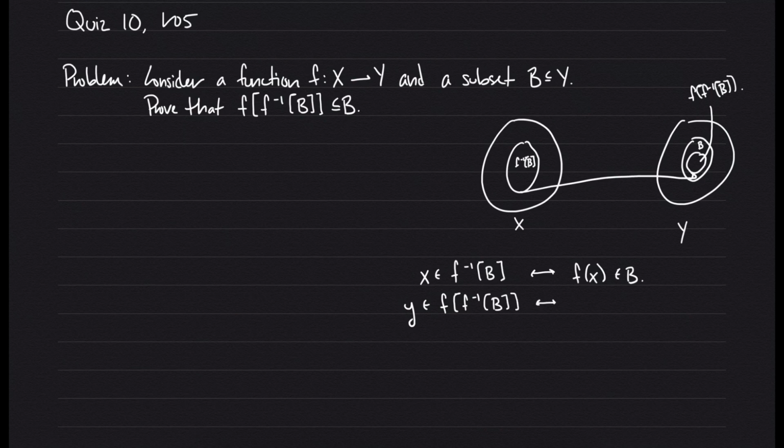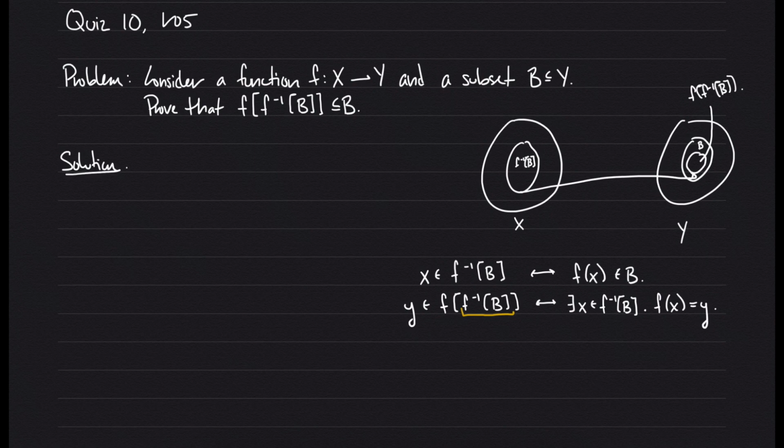It means that there must exist some element in f inverse of B, so some element in this set, such that f of x equals y. So basically, we can think of it as saying y is in this image if we can write y as f of x for an x that comes from the set that we're taking the image of.